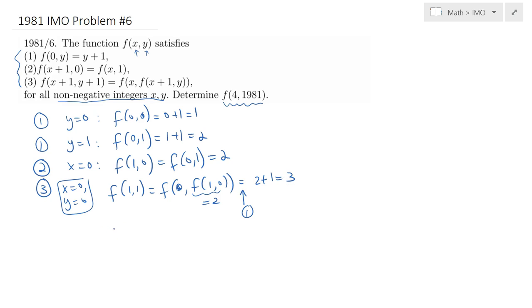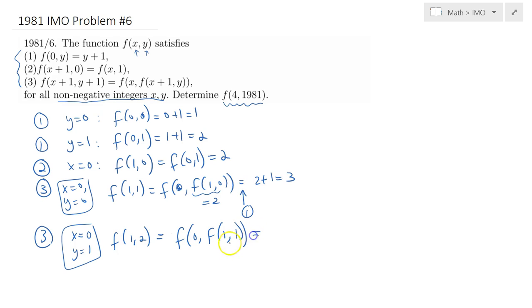And in a similar way, if we continue in this fashion, I'm interested in expression 3 here, plug in x equals 0 and y equals 1, then we'll get f of 1, 2. That is simply equal to f of 0, f of 1, 1.